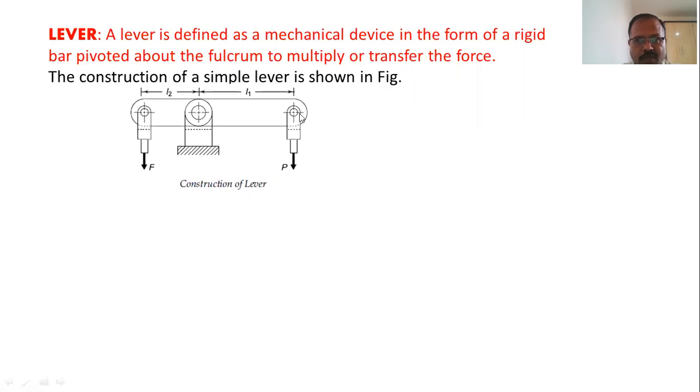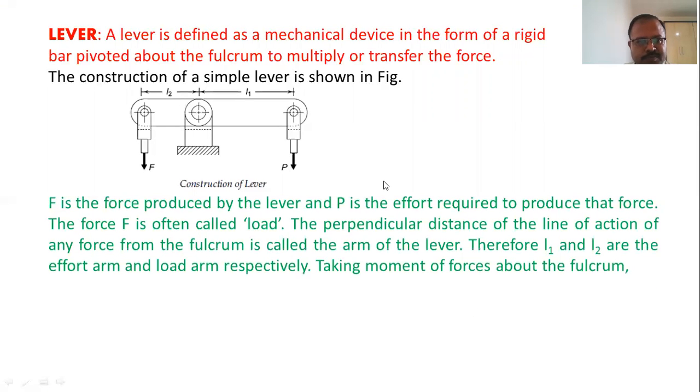The distance of the effort from this fulcrum is called the effort arm, and we denote that effort arm by L1. The distance of the load from the center of the fulcrum is called the load arm, L2. This is a simple type of lever which is commonly used.